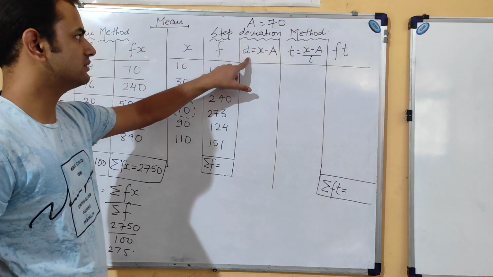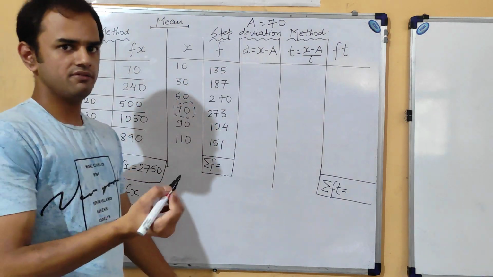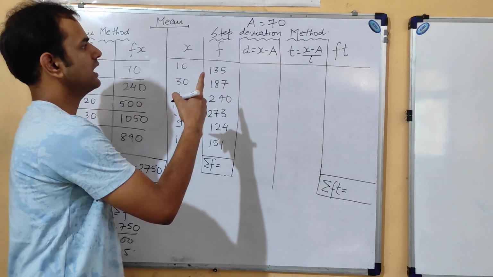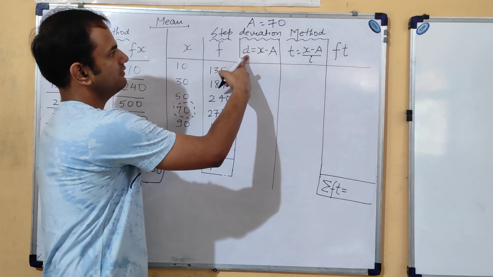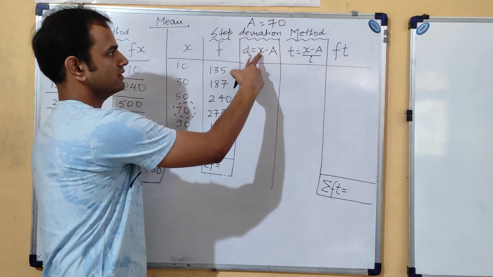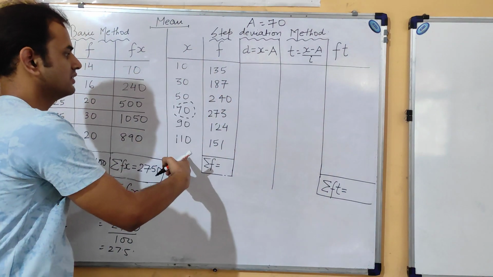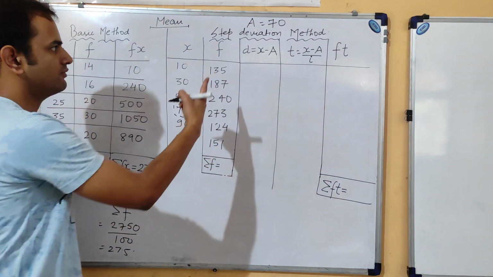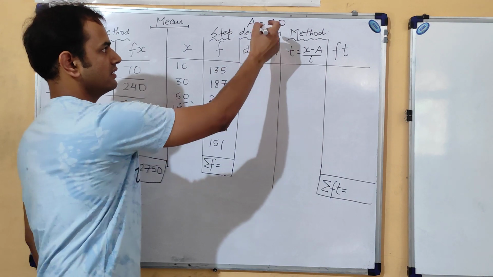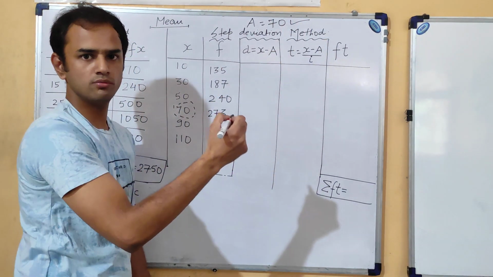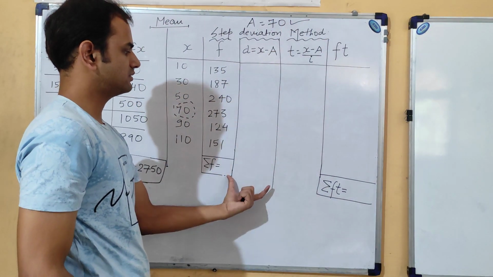Now d, this small d, stands for deviation. Basically you have to calculate d, which is equal to x minus a. X is basically this variable, and you already know A is the assumed mean. So you have to prepare this table first.